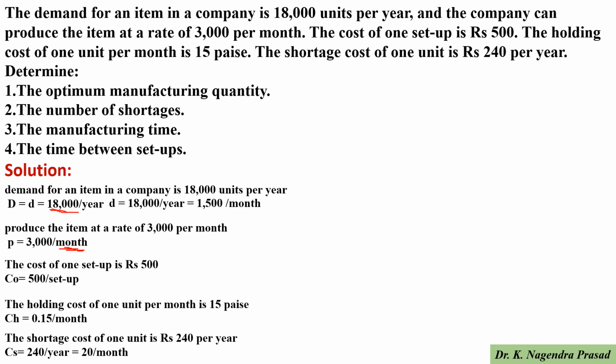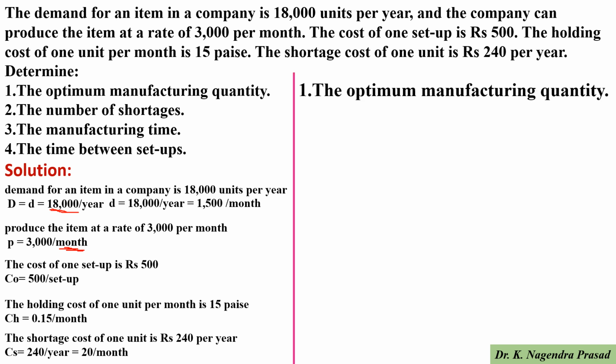Then first we have to determine the optimum manufacturing quantity. In the data, I observe the demand rate, production rate and shortage cost are given, so this model belongs to the EOQ model with gradual supply and shortage is allowed.